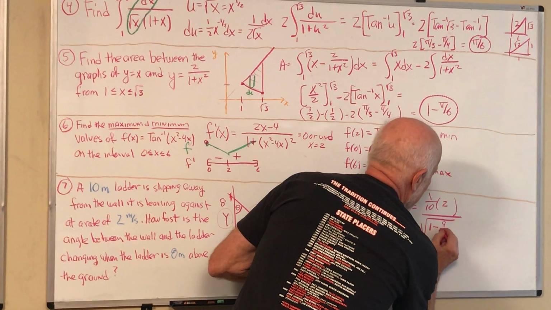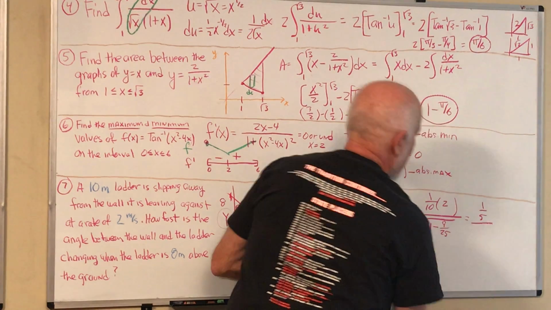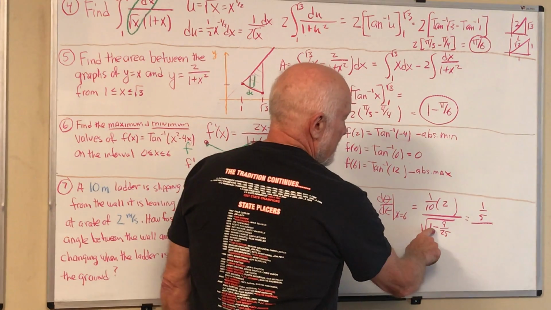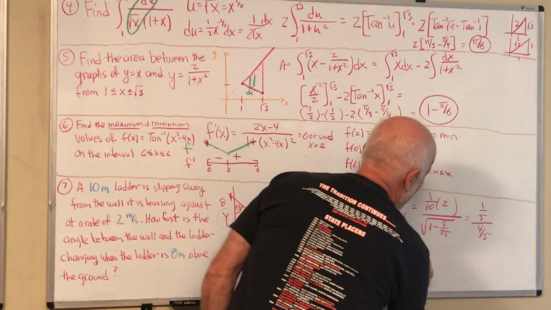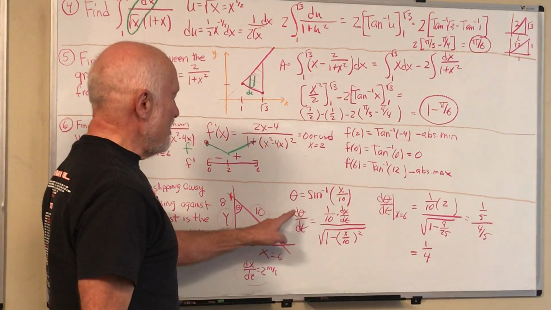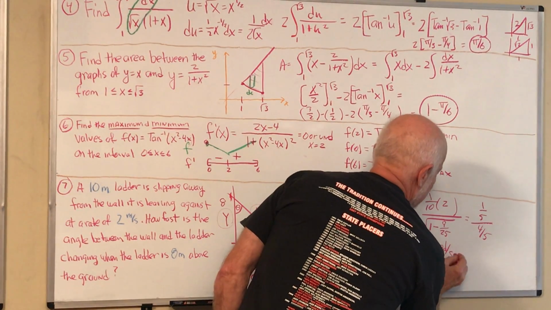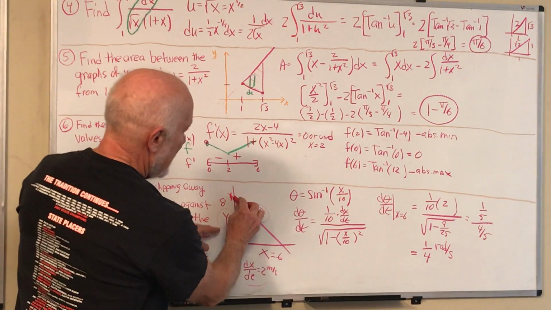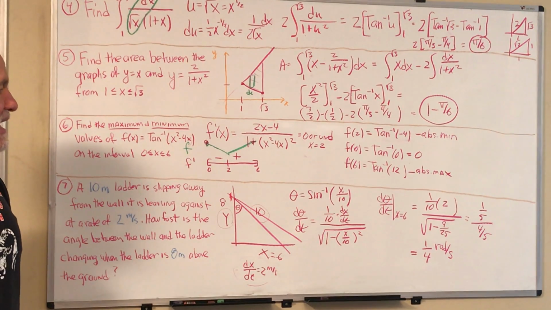So 9/25. So we get 1/5 in the numerator, and we get the square root of 16/25, or 4/5, in the denominator. So altogether, we get 1/4. And it's d theta/dt, so it's going to be in radians per second. And it's positive, so that means that angle's getting bigger, which kind of makes sense as that ladder's slipping, that angle is going to be getting bigger.